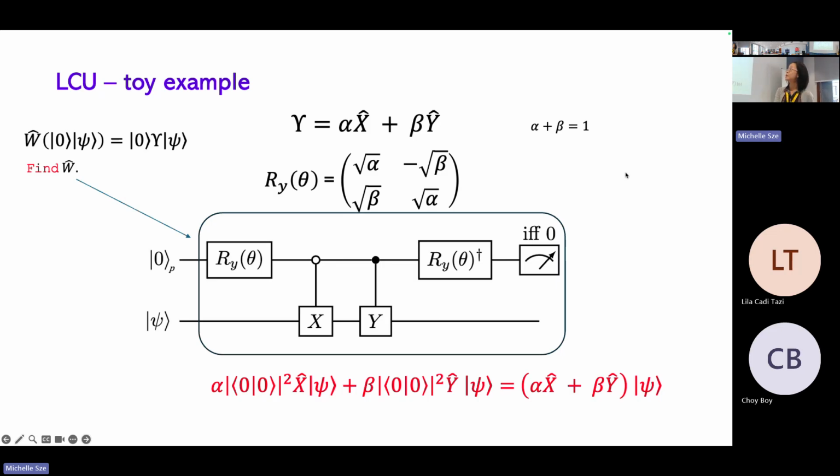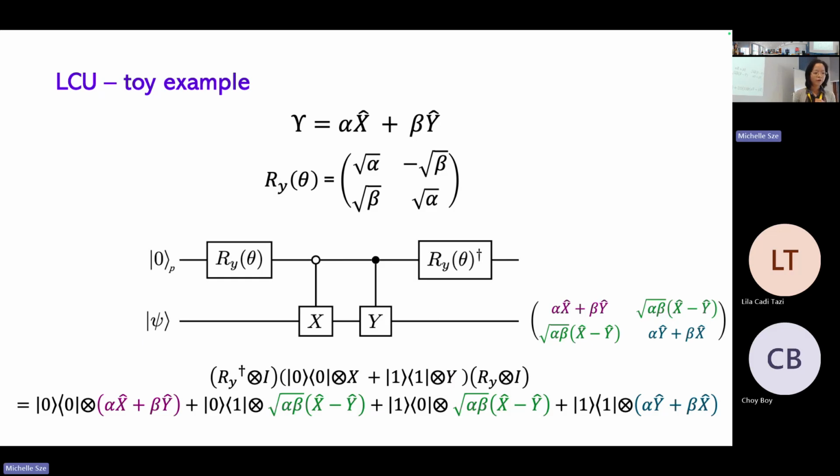So this is the LCU circuit for that given LCU. If we scrutinize this operator further, without considering the states, we find that there will be 4 sets of operators without the post-selection.